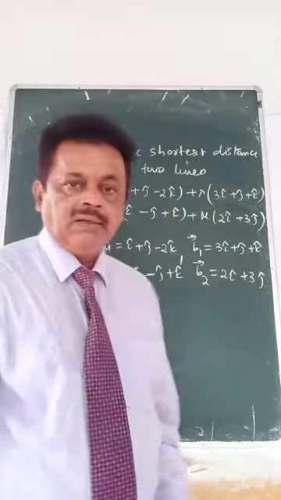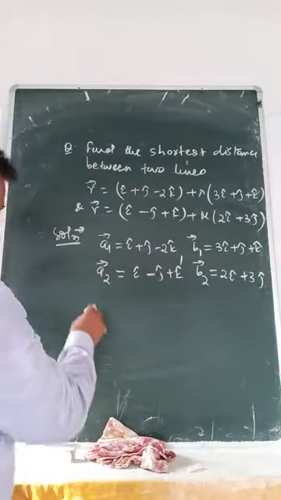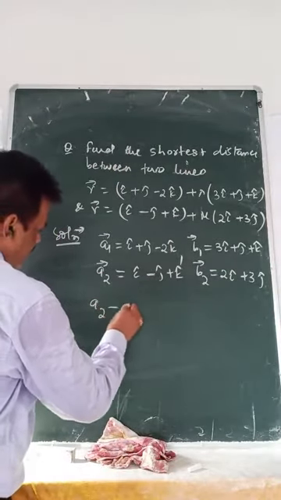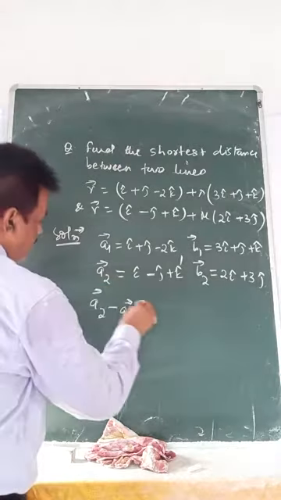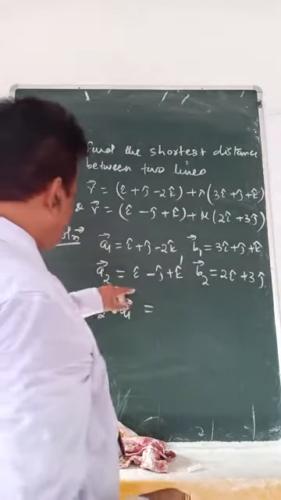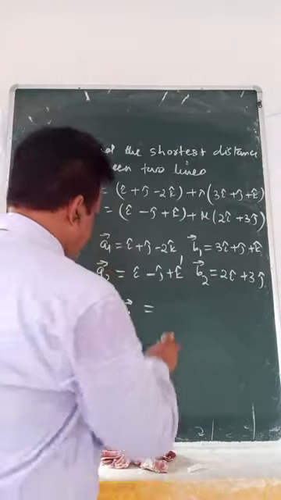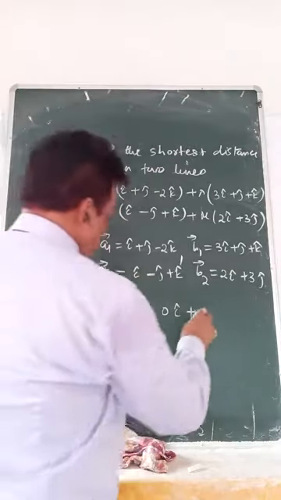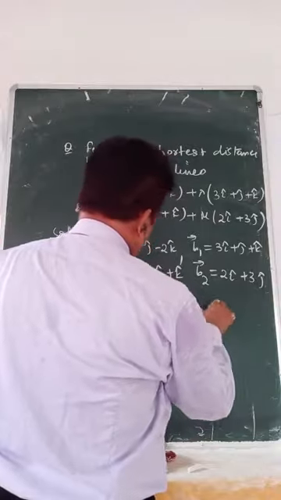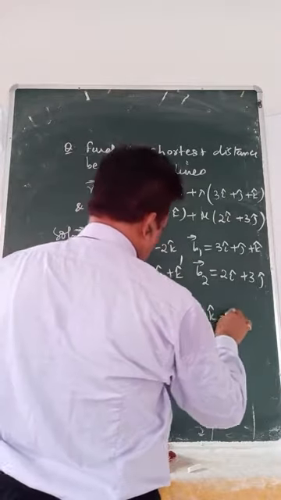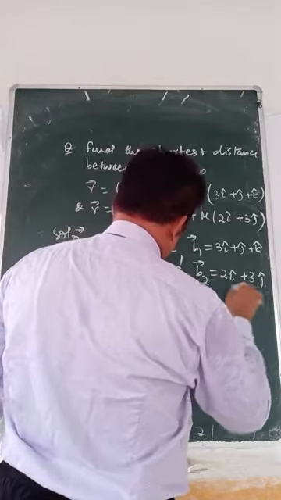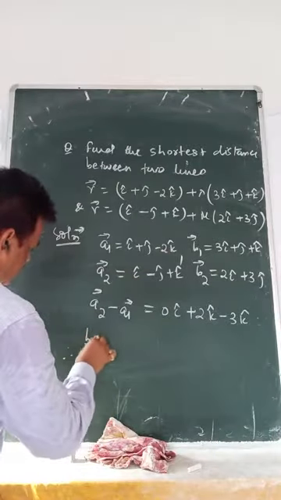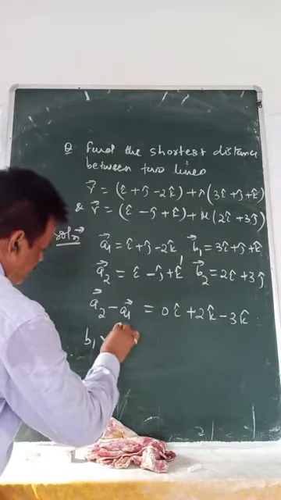Okay, what you need? You need A2 minus A1. So what is A2 minus A1? That is this minus this, 0I, this minus this, plus 2k, this minus this, minus 3k. Okay, then what is B1 cross B2?